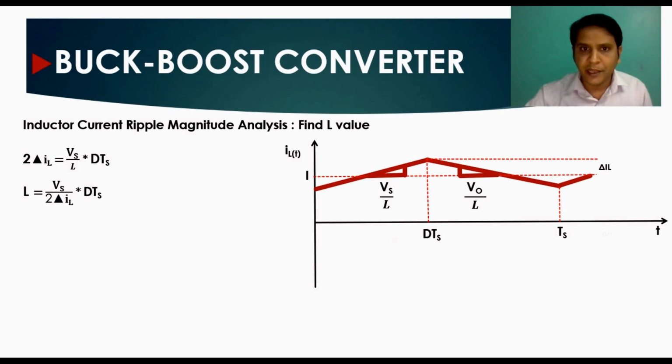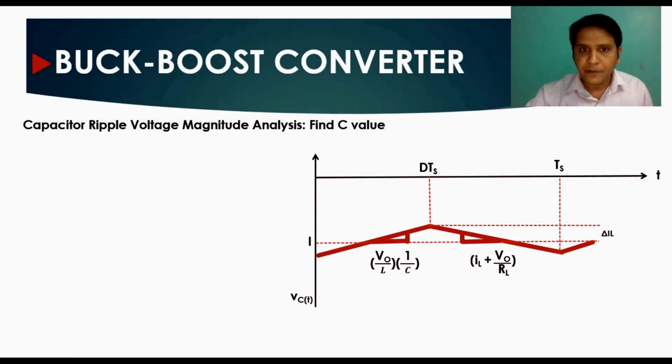Now let us move ahead and we will do capacitor ripple magnitude analysis and we will find the value of the capacitor, right? So this is the waveform for the voltage across the capacitor. For T on time dTs, the voltage across the capacitor is given by V naught divided by RL into 1 by C. For D prime time Ts, the capacitor voltage is given by IL plus V naught divided by RL.